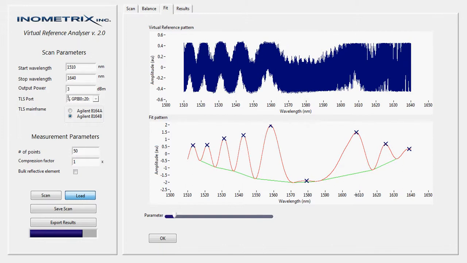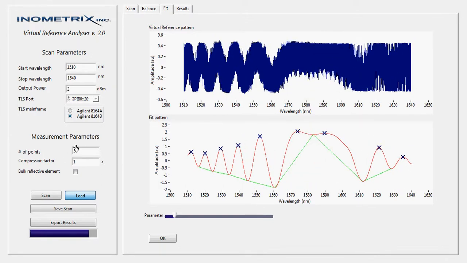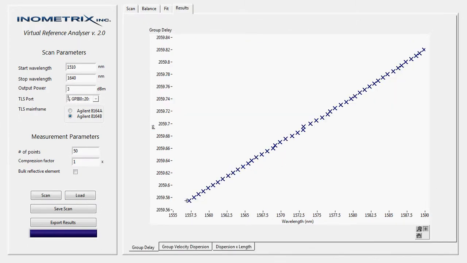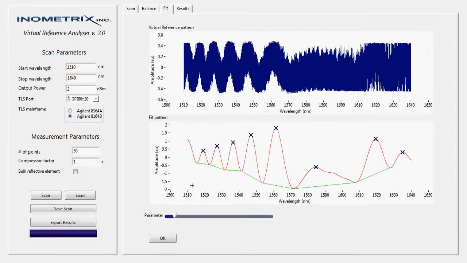So we've got 50 points, so it took the minimum location and the maximum location and divided it into increments. It incremented it 50 times to get between those 2 points. Now what's interesting here to note is we've calculated our dispersion by the separation between the two peaks on both sides, and we've calculated our center, the location of our center, by using these 4 peaks and taking the average.